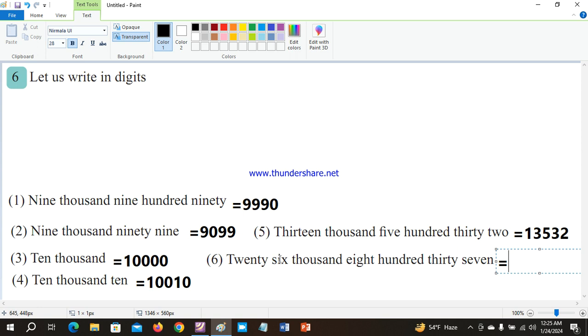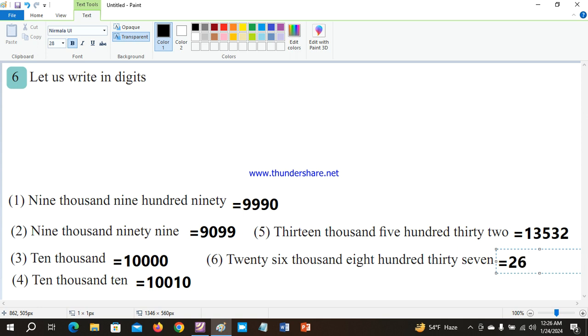Here 26,000 is equal to 2 ten-thousands and 6,000. So in ten-thousands place we have to write 2, and in thousands place we have to write 6.